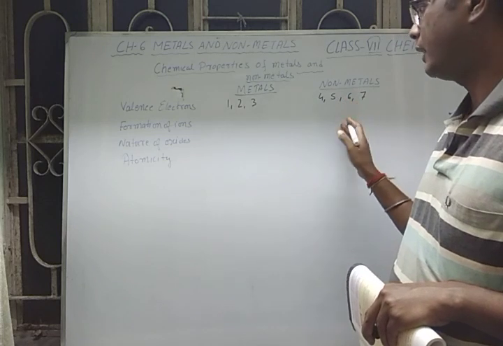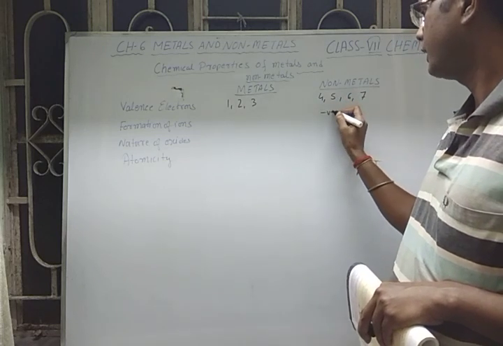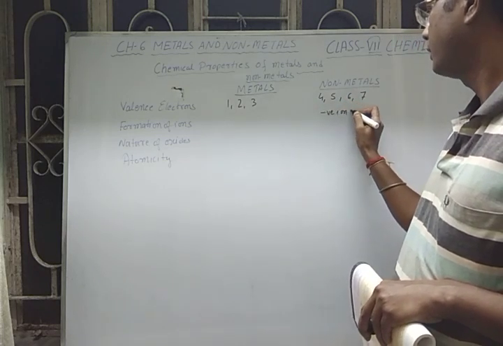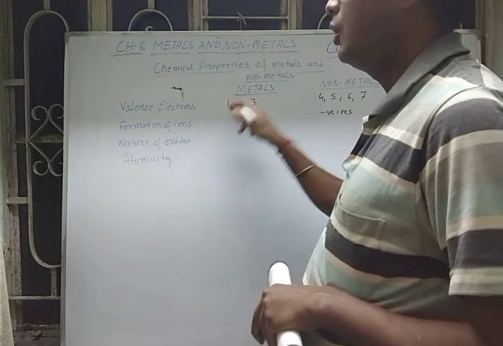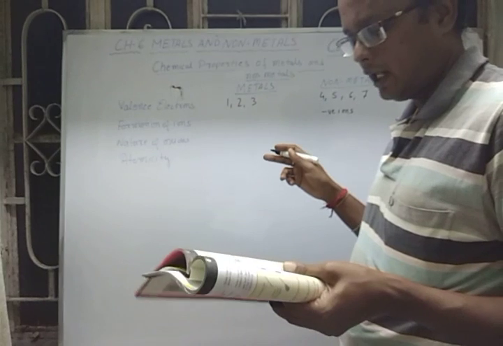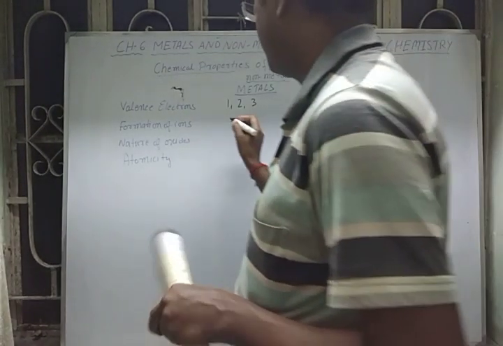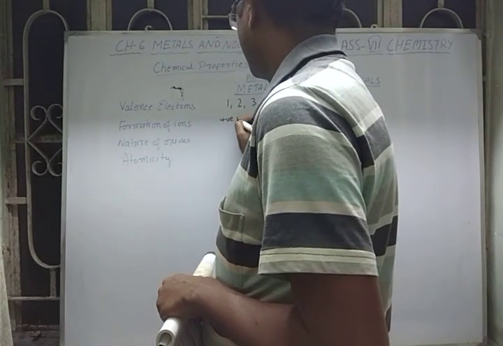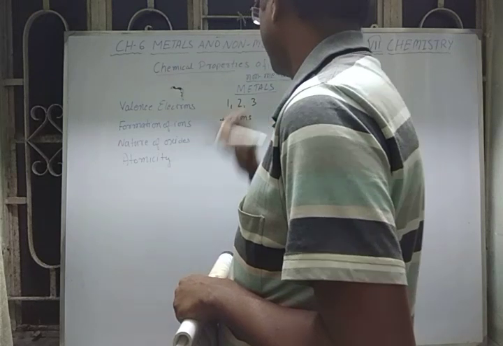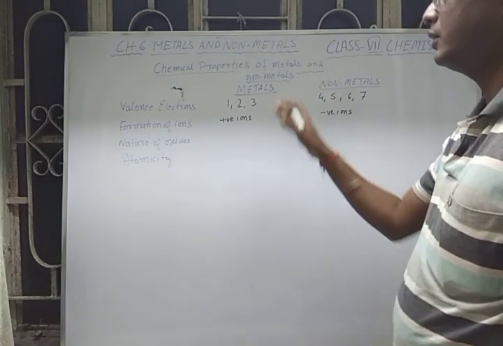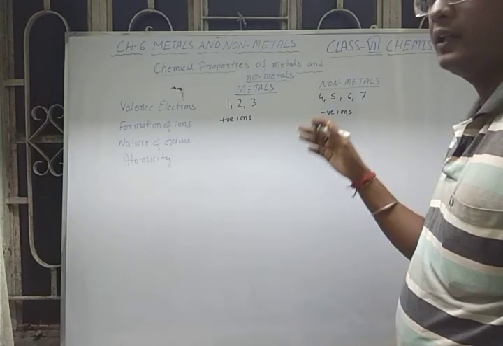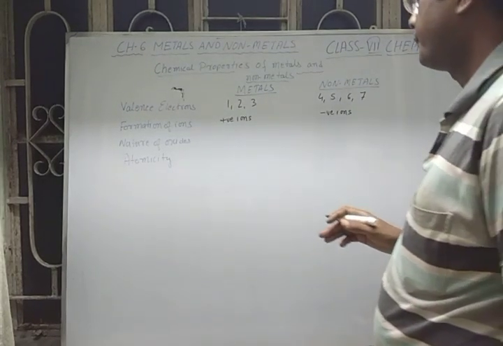And metals always have a tendency to lose electrons, and they form positive ions. Okay. So on the basis of valence electrons we can differentiate, with the two things, the formation of ions and the valence electrons, both.